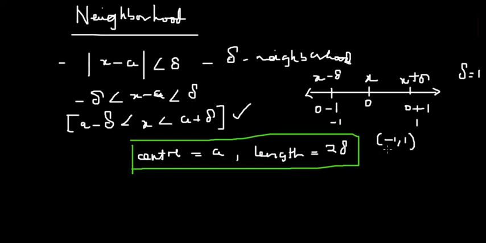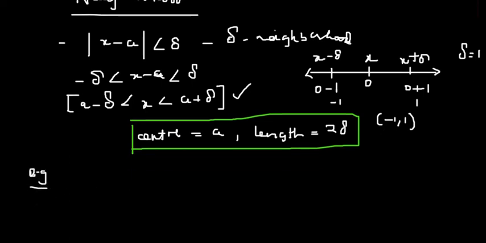Now let's take an example. This might sound a bit cumbersome, but trust me, it will make sense. I don't know whether you could see what I'm writing, but just follow.